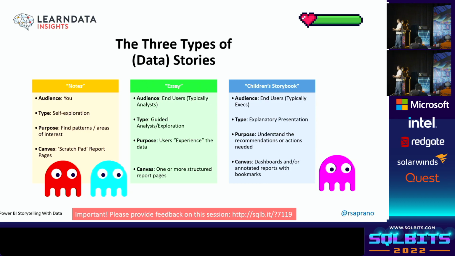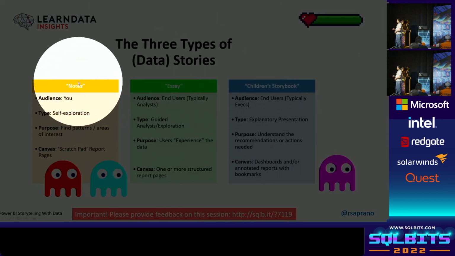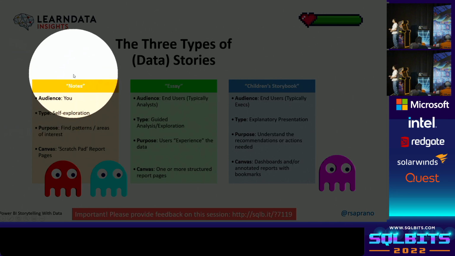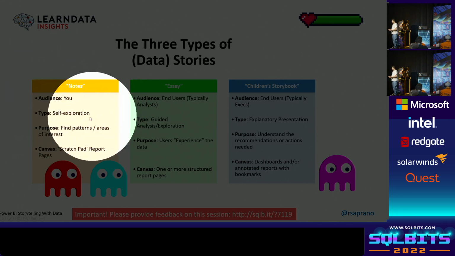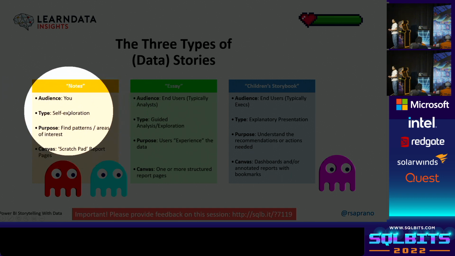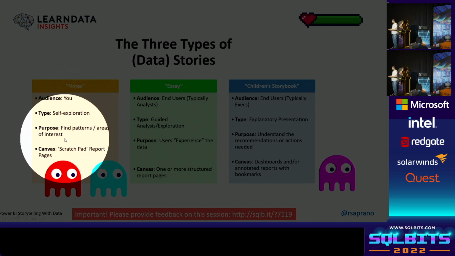As I'm reading through this or attending lectures, the first thing I'm doing is taking notes. The audience for that is me. It's me exploring the concepts, trying to find areas of interest or patterns or things that I can relate to. And my scratch pad is just my own notes.